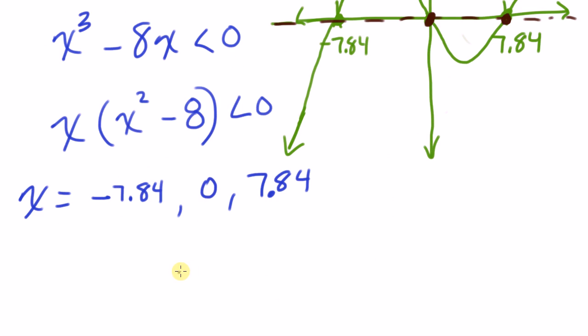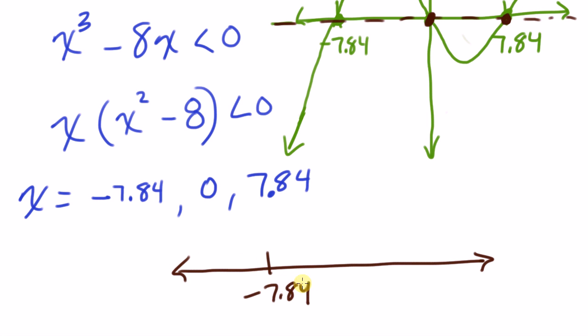So I draw a line graph. And I say, okay, this is negative 7.84. This is 0, and this is 7.84. And then it says less than 0, so at this value it's 0, at this value it's 0, at this value it's 0.